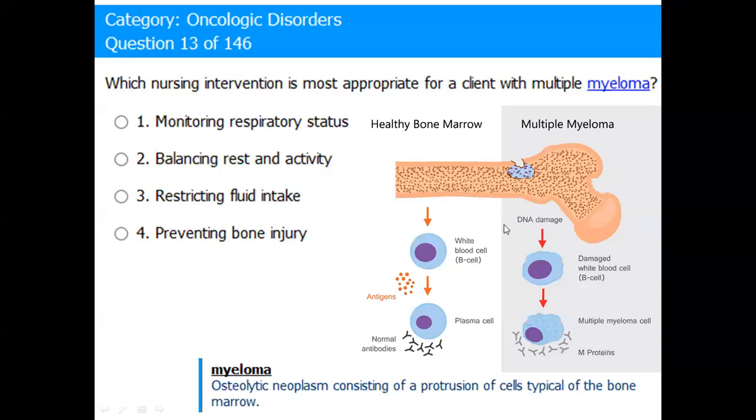So when the patient has a cancer cell, deformed cell, damaged white blood cell, the patient's immunity goes down because plasma cells are defective, neoplastic.